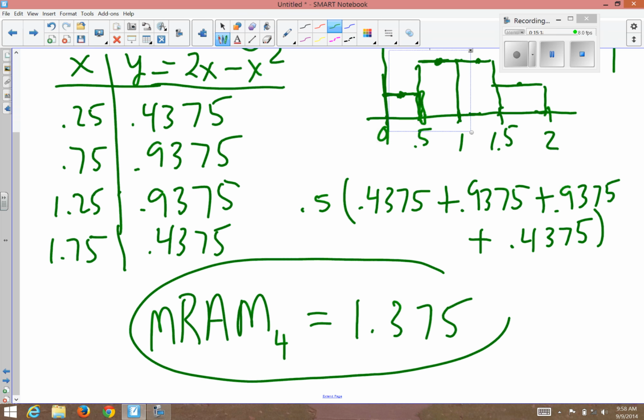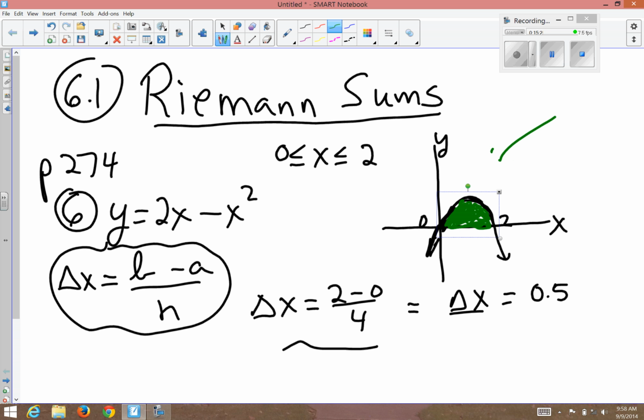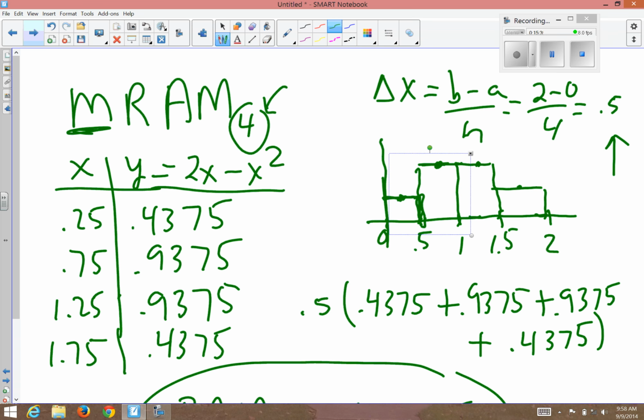That number, 1.375, is also an approximation for this green area right here, the area between the curved parabola and the x-axis from 0 to 2. So two answers. They're both approximating this area. One is called the right rectangle approximation method.